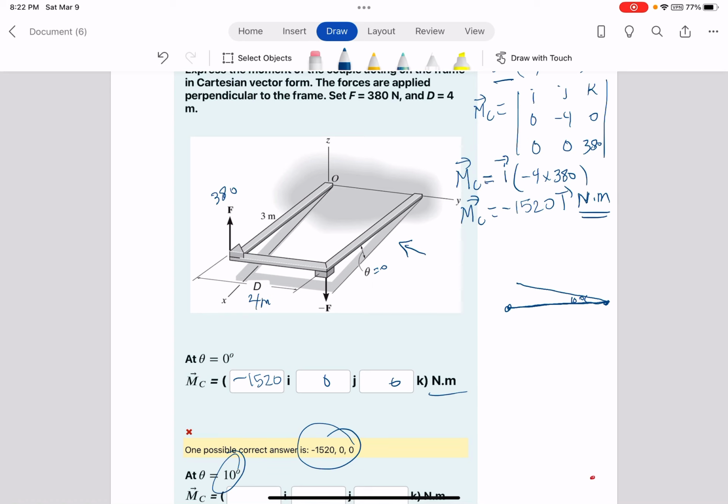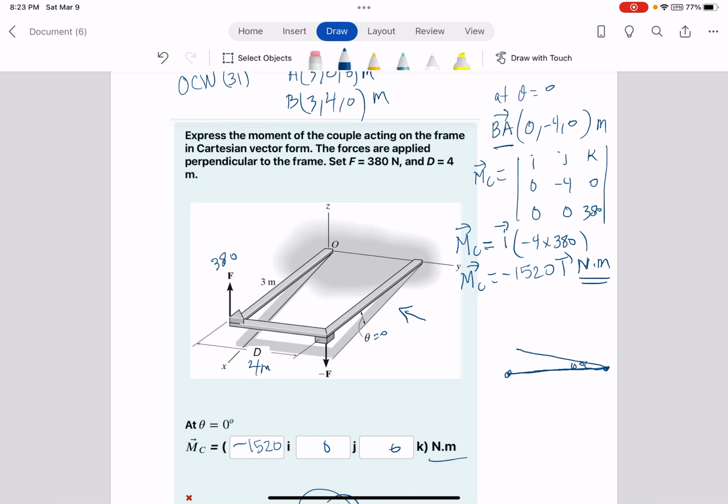Since they mentioned that the forces applied are perpendicular to the frame, it is 90 degrees. If you extend it to this point, so if this is 10 and this is 90, that's 100. What's the remaining of the triangle? 180 minus 100, so it's 80.